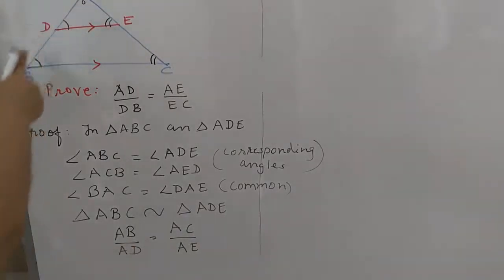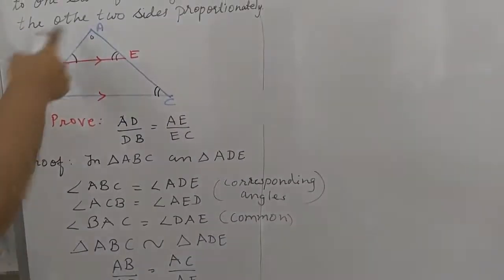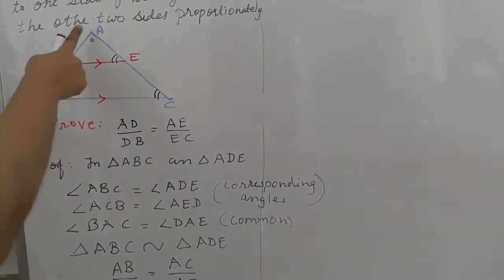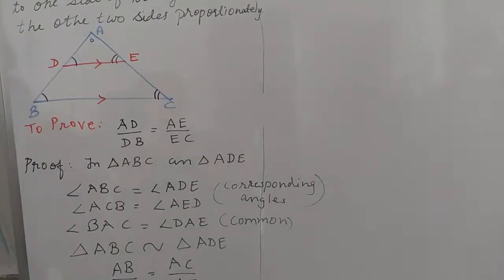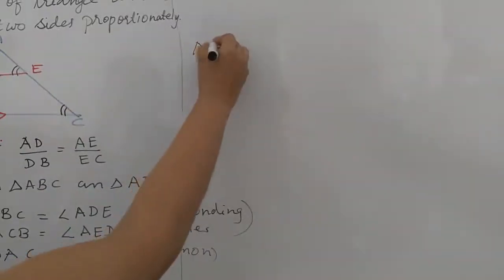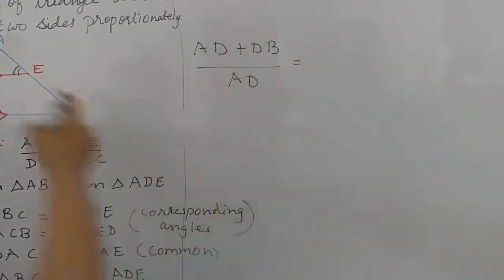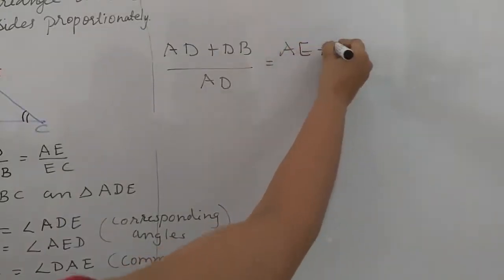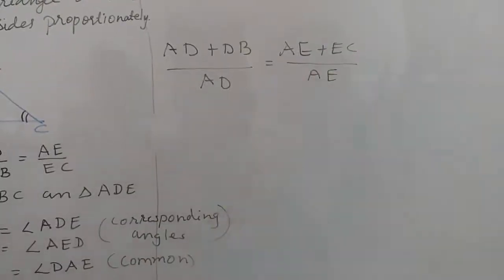AB here in the figure is divided in two parts, AD plus DB, and AC is divided as AE plus EC. So instead of AB, we write AD plus DB upon AD is equal to AC, also divided as AE plus EC upon AE, like this.